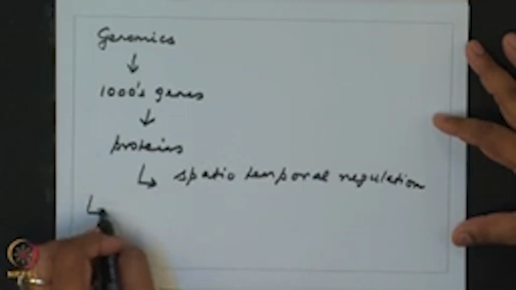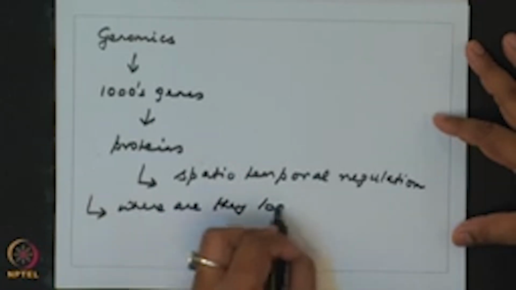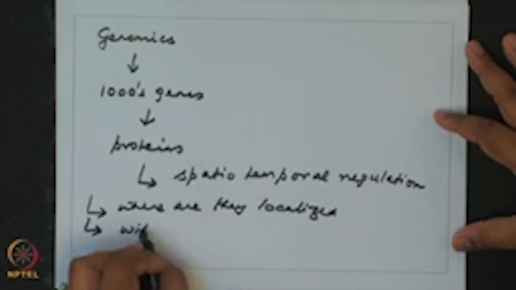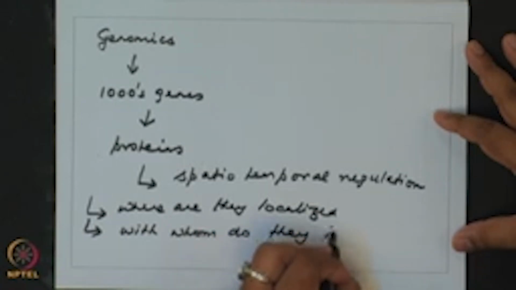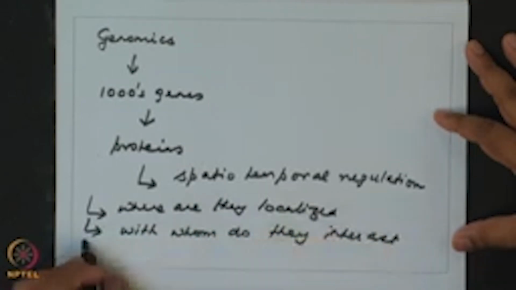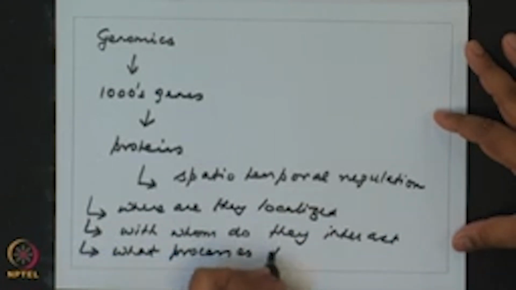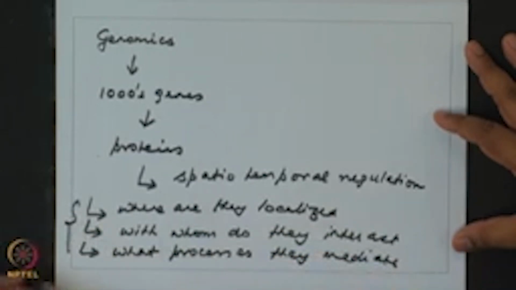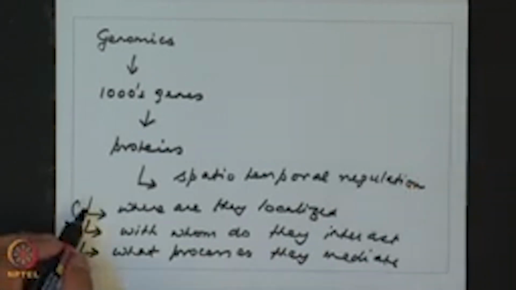So, where they exist, where are they localized? With whom do they interact? And what processes do they mediate? These are all important to reconstruct our picture of how these proteins might be participating in various cellular processes.